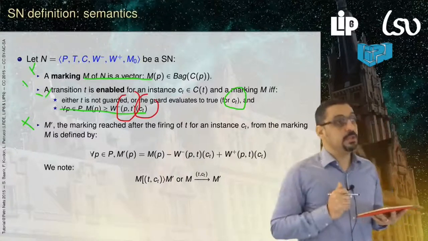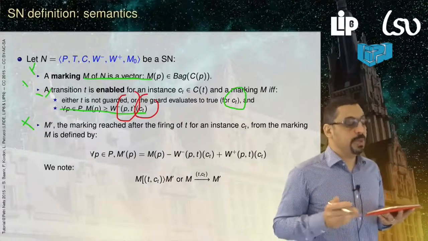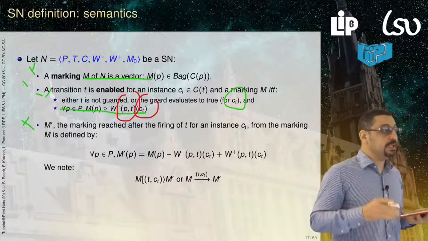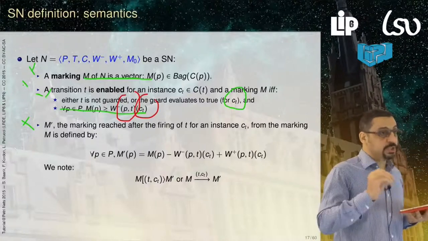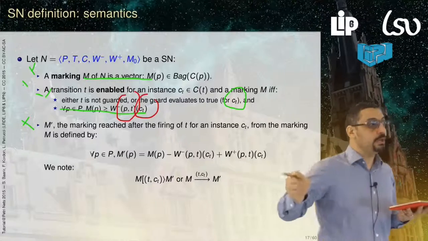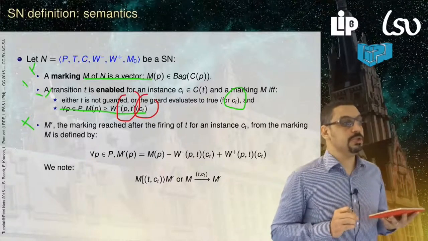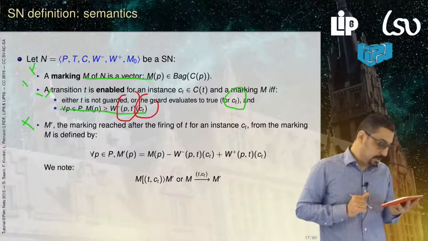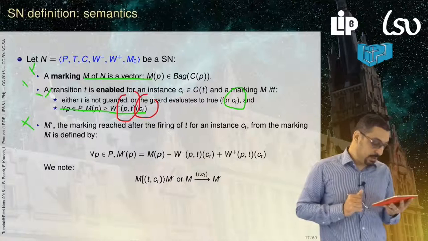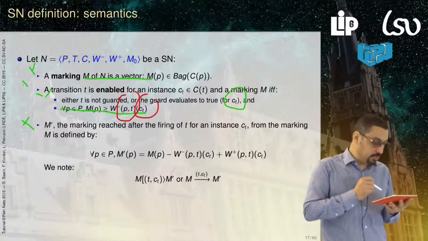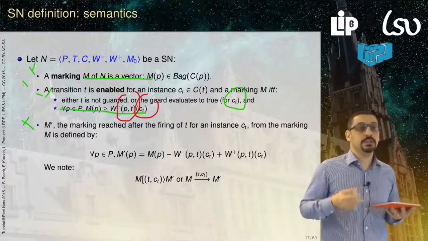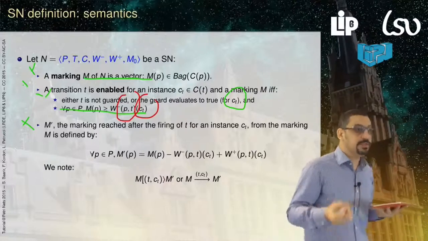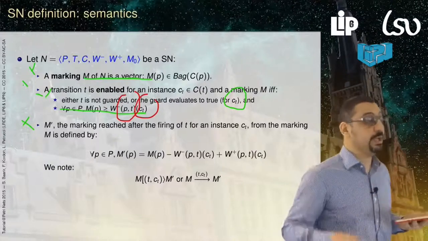Remember that the pre-function, or backward incidence matrix W minus, is a matrix indexed by P and T, and for each entry PT you have a bag on the transition color domain CT. This is why we have this somewhat complex inequality. If we guarantee these two points, we are sure that the transition is enabled for the color CT. Okay, if it is enabled, then we can fire it, we can execute it.